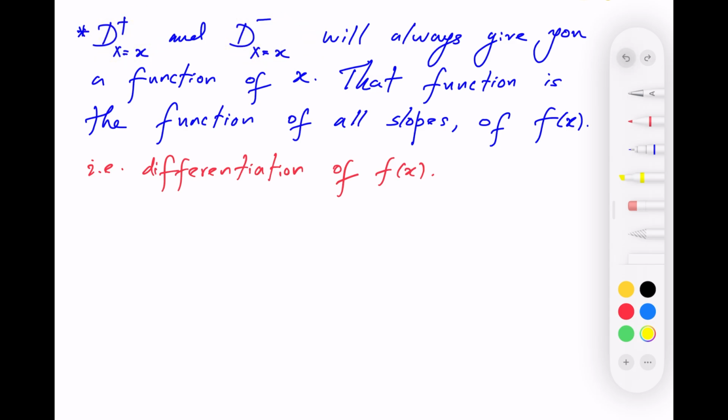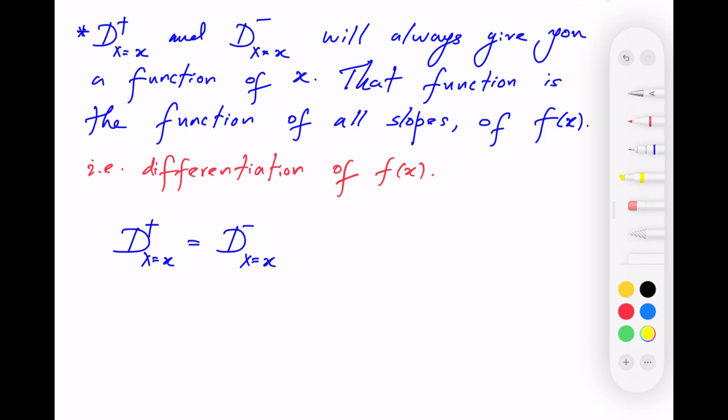We will do an example, but before working on an example, I need to also show you some other notations other than d plus x and d minus x that are used to say that we are differentiating a given function. Differentiation of a function f of x, of course, can be given by d plus x equals x, and that's going to be equal to d minus x equals x, because the function is differentiable within that entire interval.